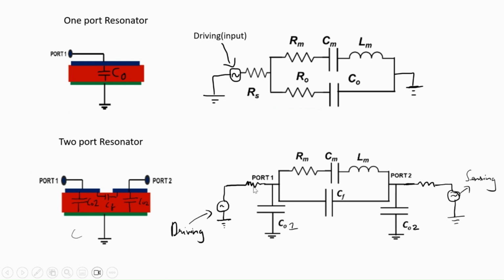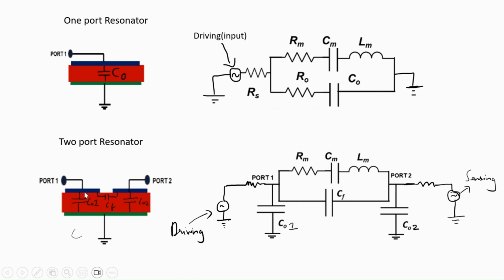In port 1 itself you will have a capacitance C01 between this blue part and this green part. Here your area will be only this electrode, from here to here, and the distance will be the thickness of the piezoelectric material.